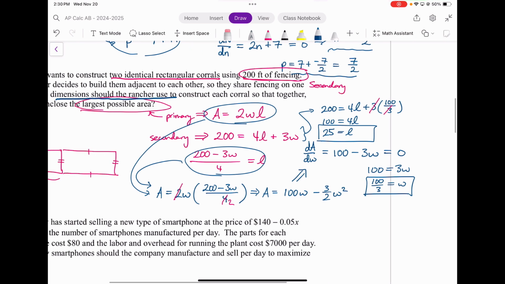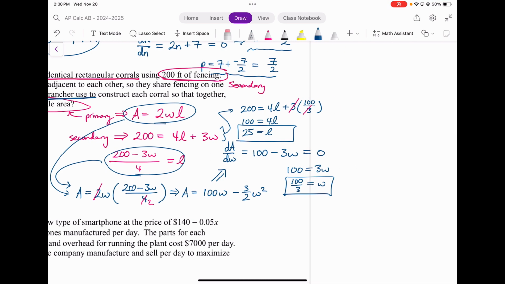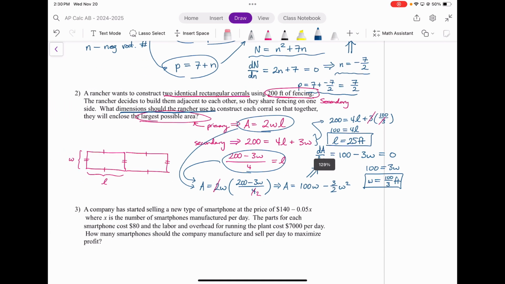And of course, we should probably use proper units here. So let me write this a little better. L equals 25 feet. W equals 100 over 3 feet. There we go. Those are my dimensions.